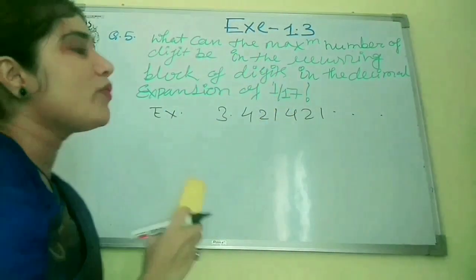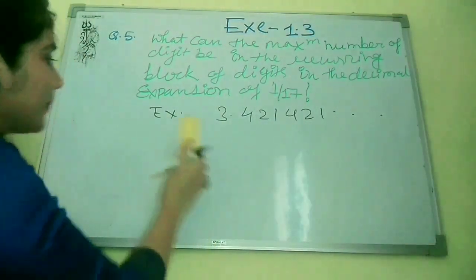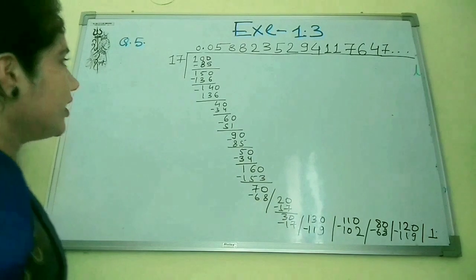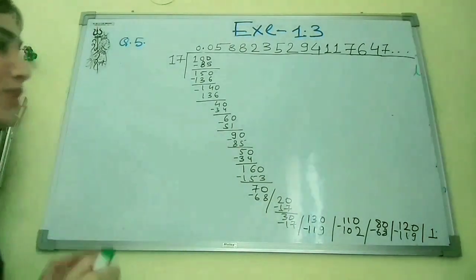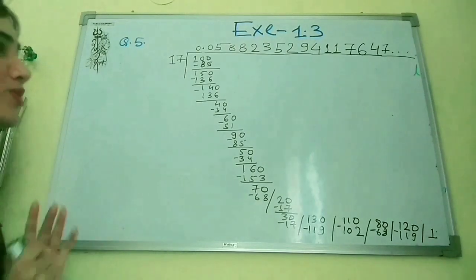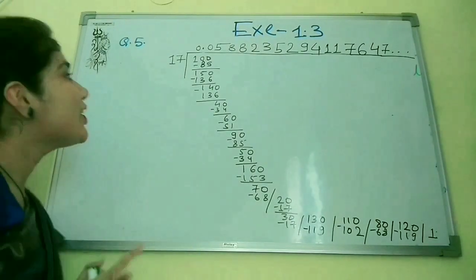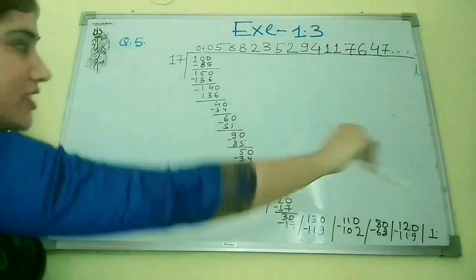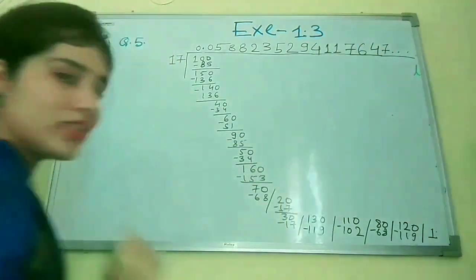For that we have to perform the division, 1 by 17. Perform the division here, and this board is a little small because in lockdown I just have this resource, so I'm managing with it, so please try to adjust. So I have performed this division and I get these digits as a quotient.